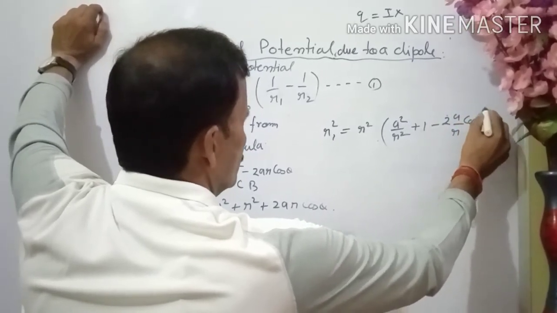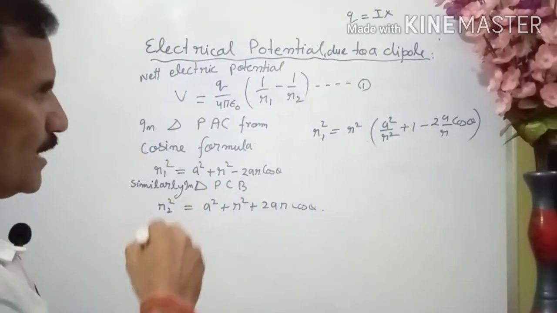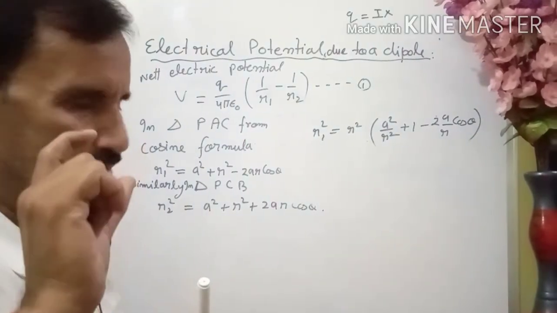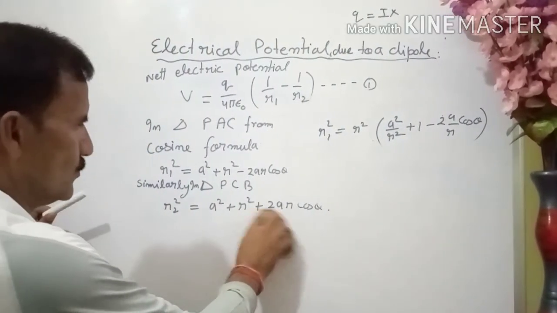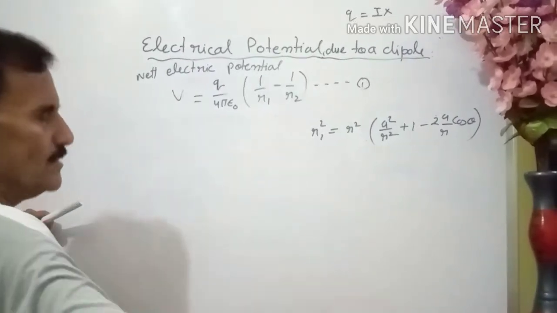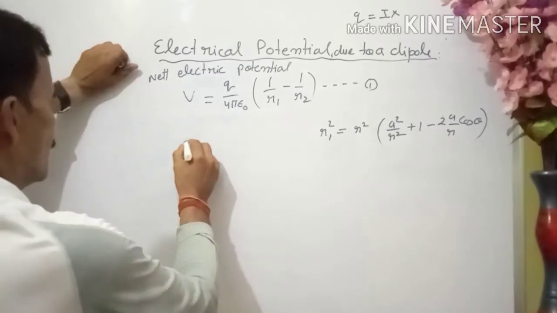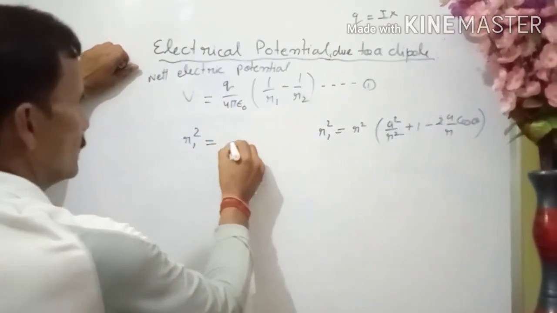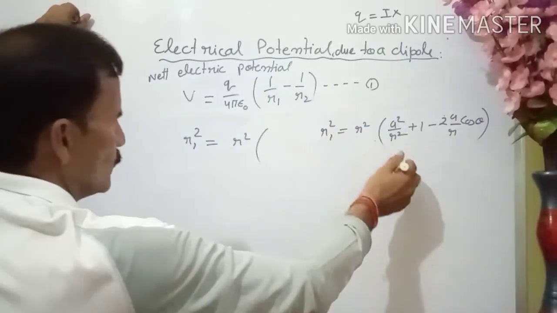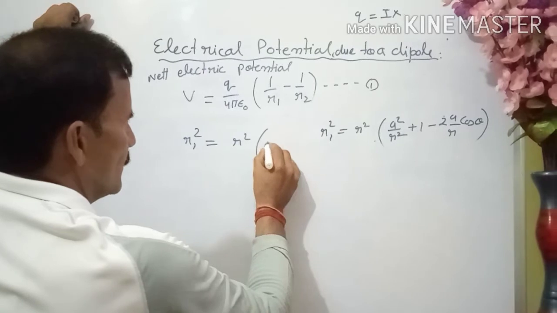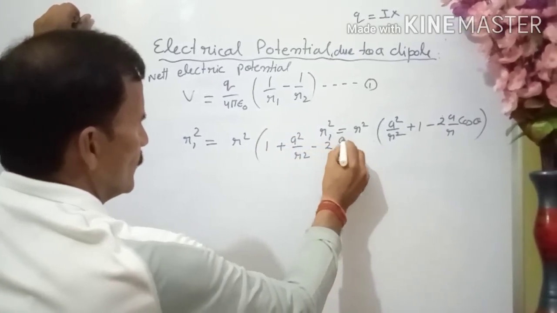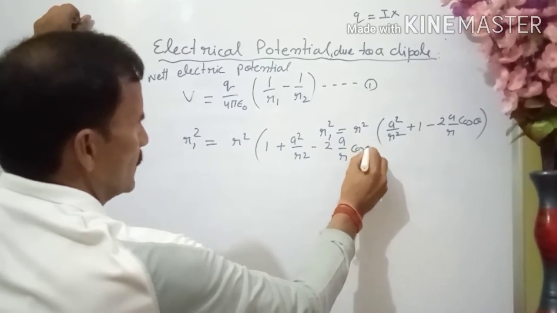Why are we doing this? Because we are going to take r very, very large as compared to a, so approximation is required here. In the same way you can write the second one: r2 square is r square times 1 plus a square upon r square plus 2a upon r cos theta.